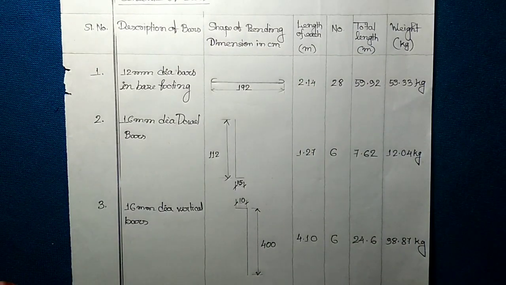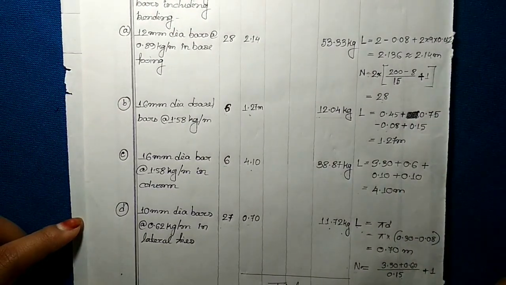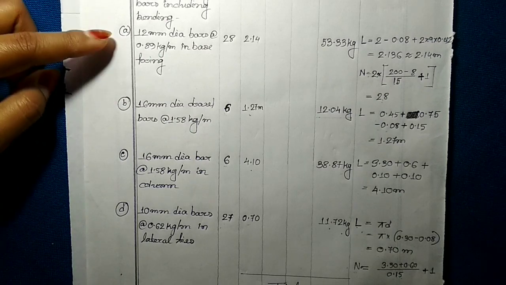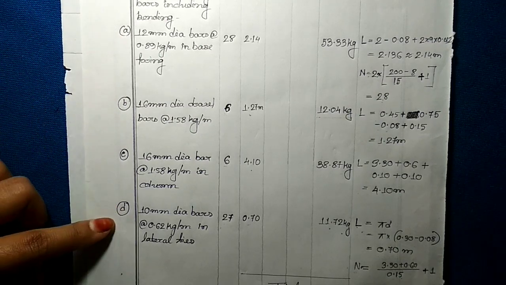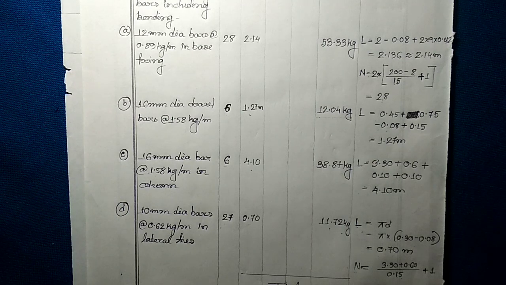Whenever you prepare the schedule of bar, I'm referring to this portion, quantity calculation of steel bar. Here we have done in 4 different heads because we are using 4 different types of bar and with bending.